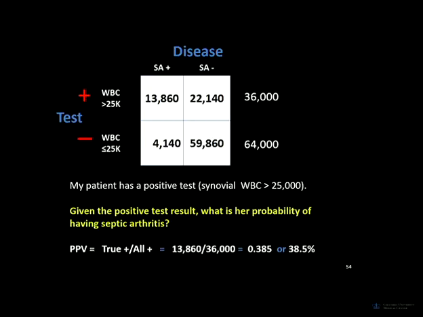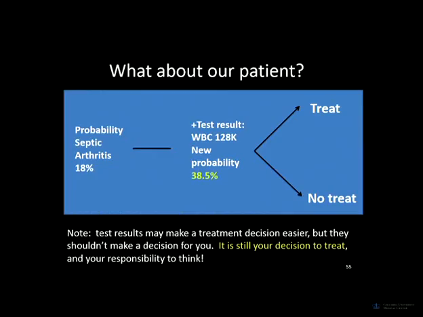Of all people with positive tests, what proportion of those have a true positive? So now I take the true positives over all positives, and I calculate the positive predictive value of 38.5%. Does everybody follow that? Okay, so now we're going back to our decision tree.